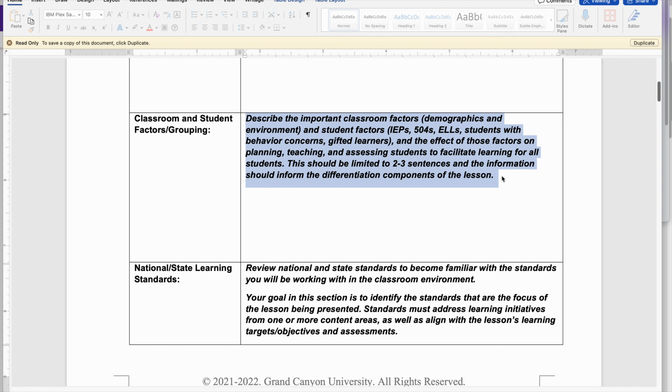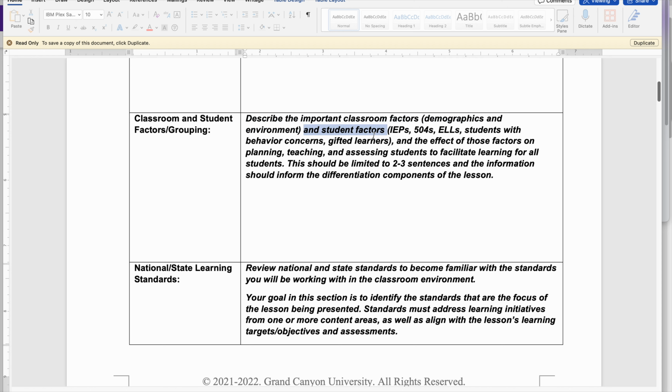This section is only for if you're going to be working with students in groups. So are you using groups to differentiate the lesson? Will students with IEPs, ELLs, etc., get a different resource or handout or a modified assignment? For the classroom factors of demographics and environment, we don't really have that part to talk about.